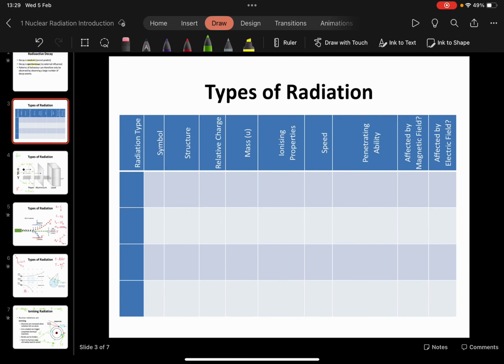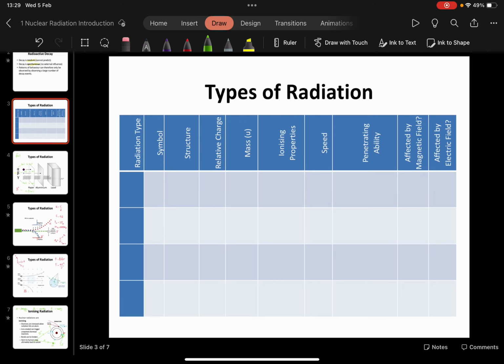So that's a little tour through all of the properties of your four radiation types. Your next job is to populate that table with all of that information, and then the process of learning it. You would be expected to learn that information. For now, I'm happy for the mass to be expressed in terms of relative mass rather than atomic mass units.